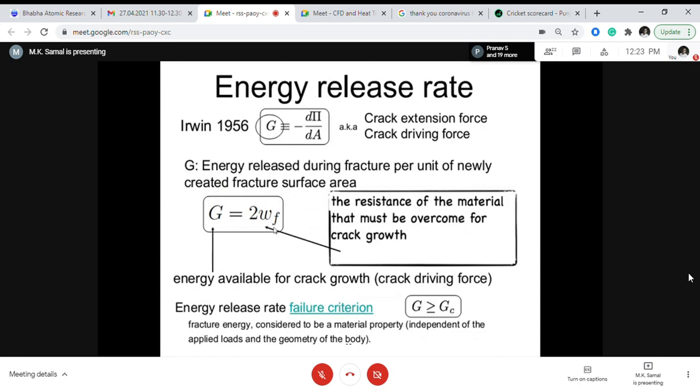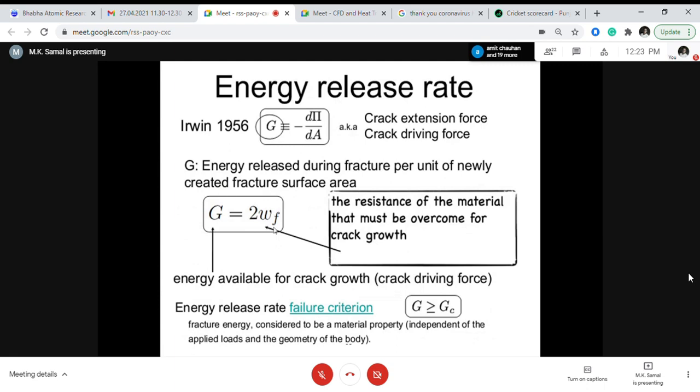To propagate another 1 mm, you require another 10 joules. So per unit area it always remains constant. That means the material resistance doesn't change with crack propagation. This is valid for perfectly brittle material.